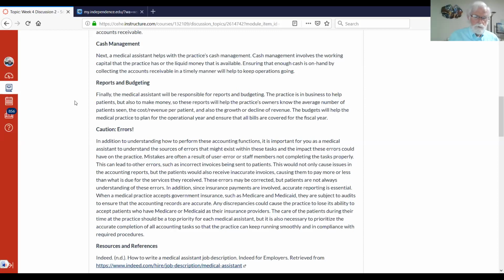But the problem is that the IRS is going to assume that the people in the practice are responsible for these and are complicit in that illegal activity, whether they are or not.